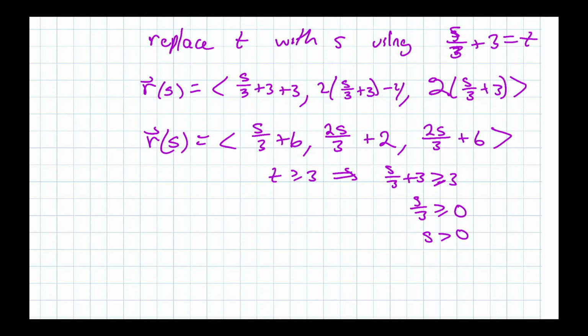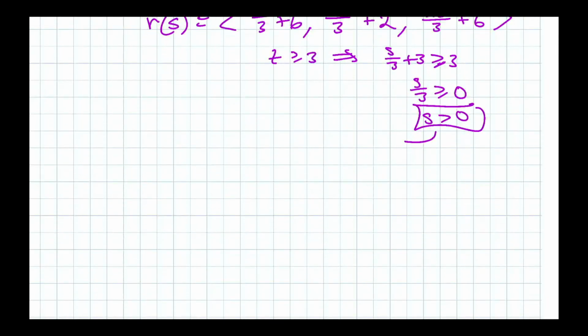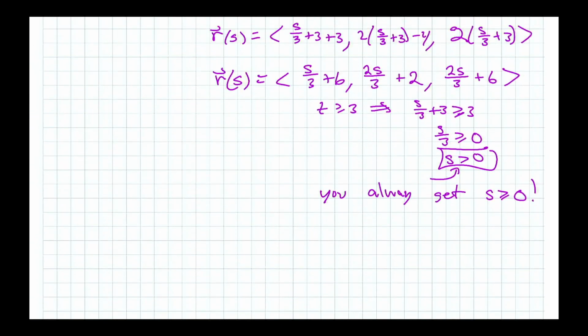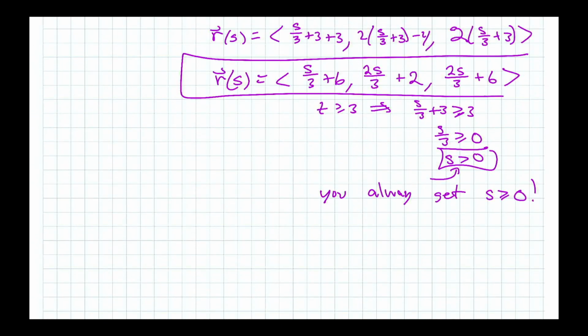And then you have s greater than or equal to 0. Okay, so that's the answer, right? So this is the answer. So this is the curve parameterized by arc length.